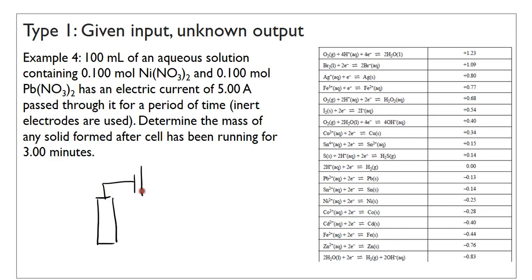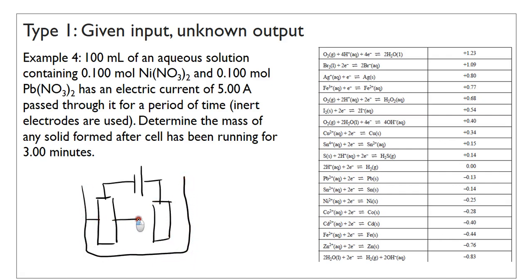So really the only thing that may participate in the reaction would be the ions and liquid that are present in the electrolyte. So the electrolyte has nickel nitrate, so nickel 2 plus, and nitrate ion, and Pb 2 plus, and more nitrate ions, and obviously water.